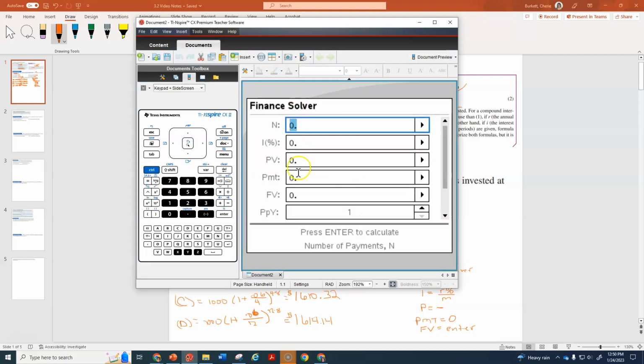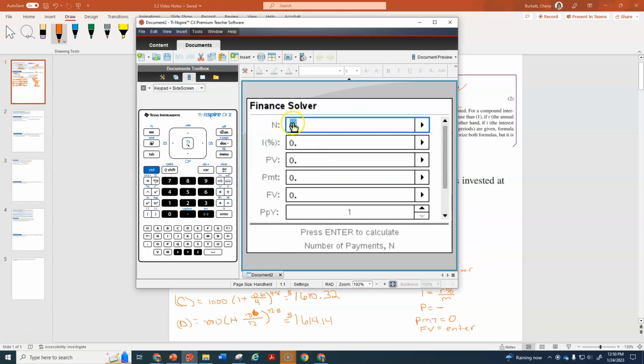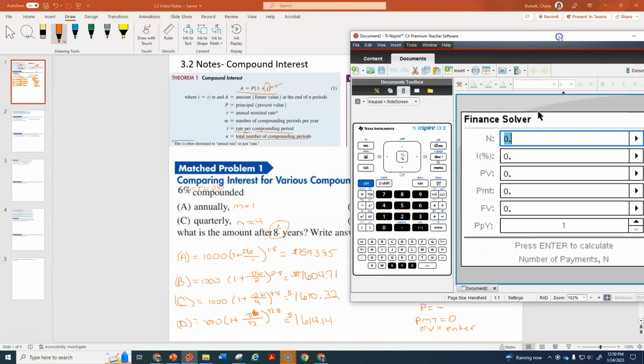And when you get that, you get a whole big screen here of values. The N right here is the same thing that it is over here. It is the total number of compounding periods. So the value that you would put in right there is the number of times it's compounded times the number of years.